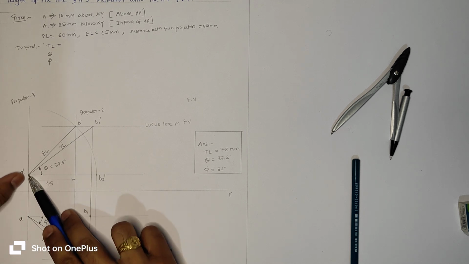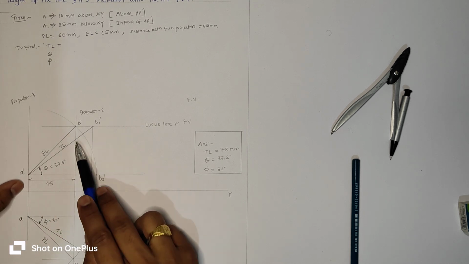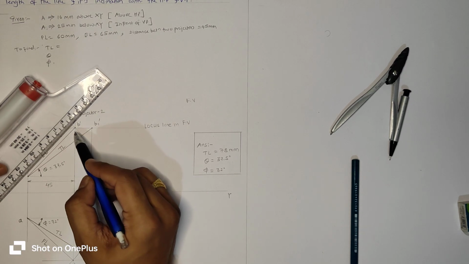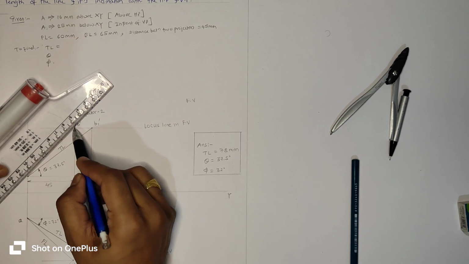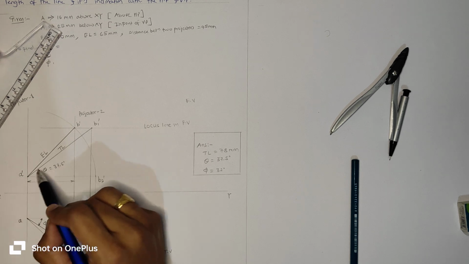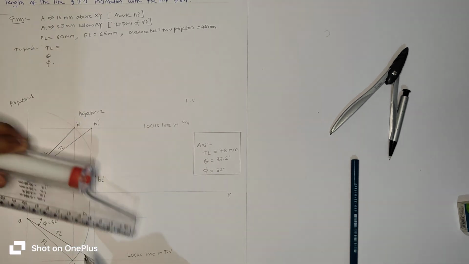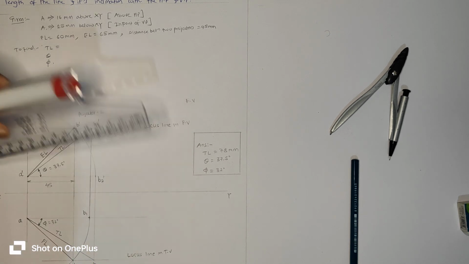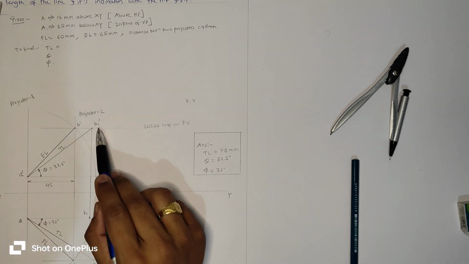For naming we will use a small letter with dash for front view. The elevation length is our actual elevation length and the plan length is our actual answer. So we will mark these points as A dash and B dash, and the plan length as small a and b. Then the true length is A dash B1 dash.